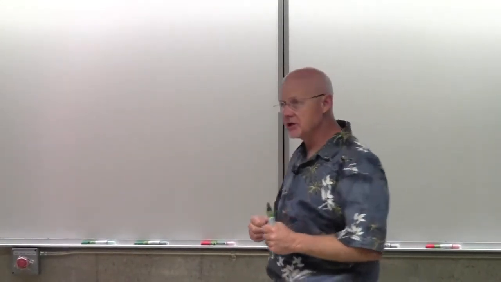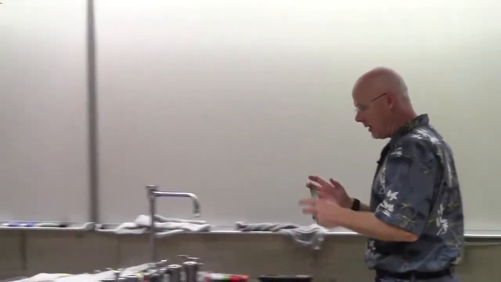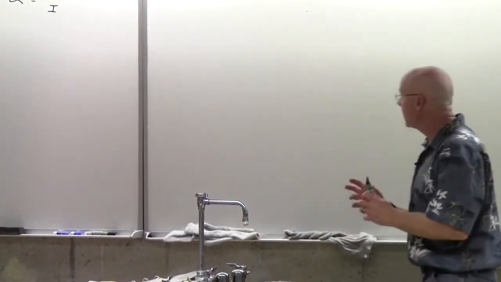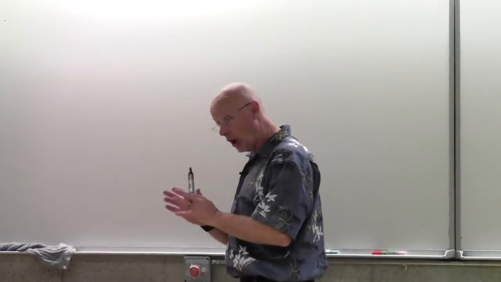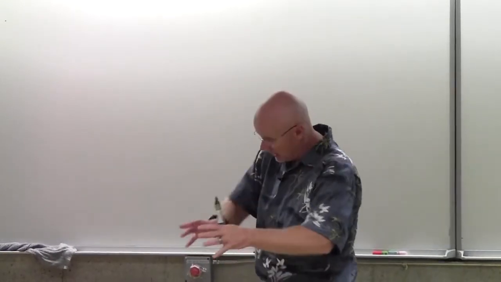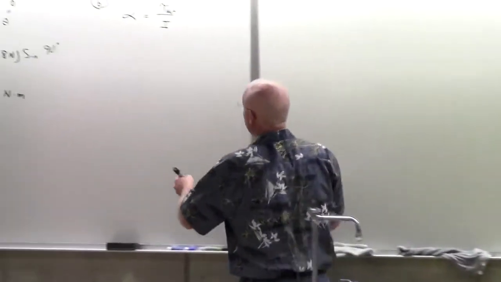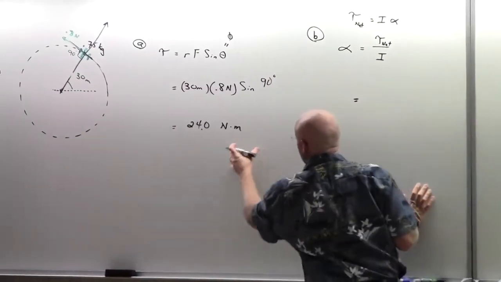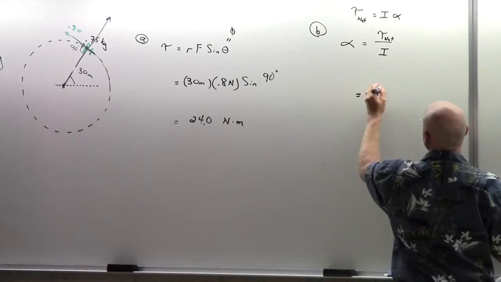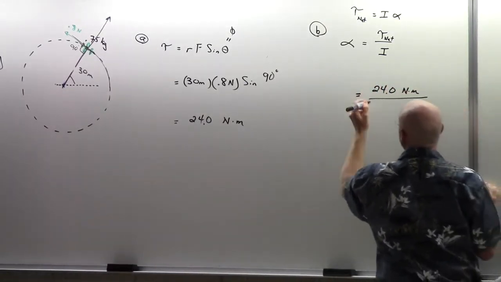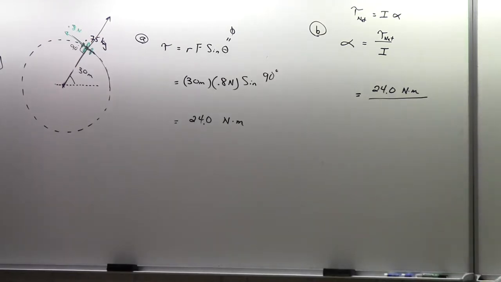But the rotational stuff we kind of touched on to get you ready for this class, but this class goes into obviously a lot of detail with rotation, now that we've done a lot of detail with translation. Keeping that in mind, then, you can see why step A was a nice first step. There's the 24 Newton meters for the net torque. And so I've already got the torque.